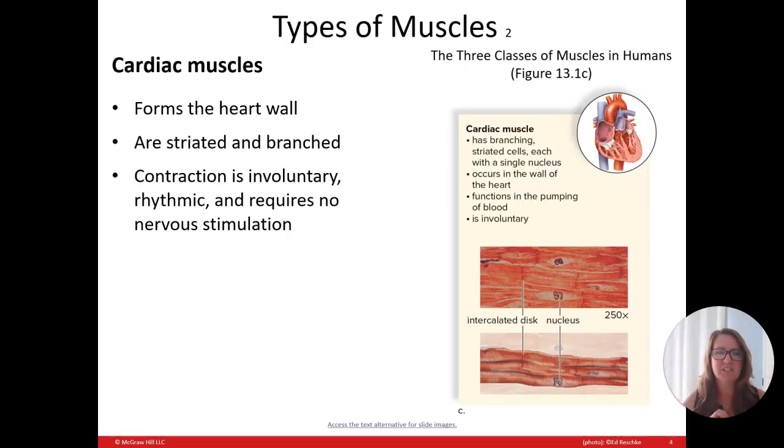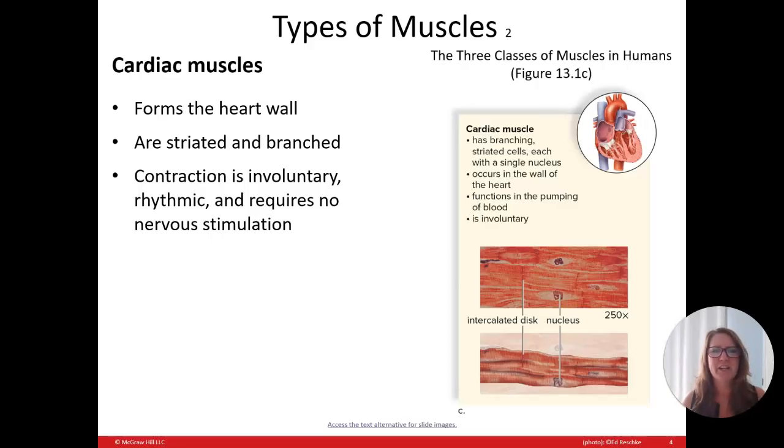So in the heart, again, an involuntary muscle, when an electrical impulse is being sent, it very quickly perpetuates across the heart. When we get to the cardiac cycle and so on, we will talk about the SA node, the AV node, pacemaker cells.